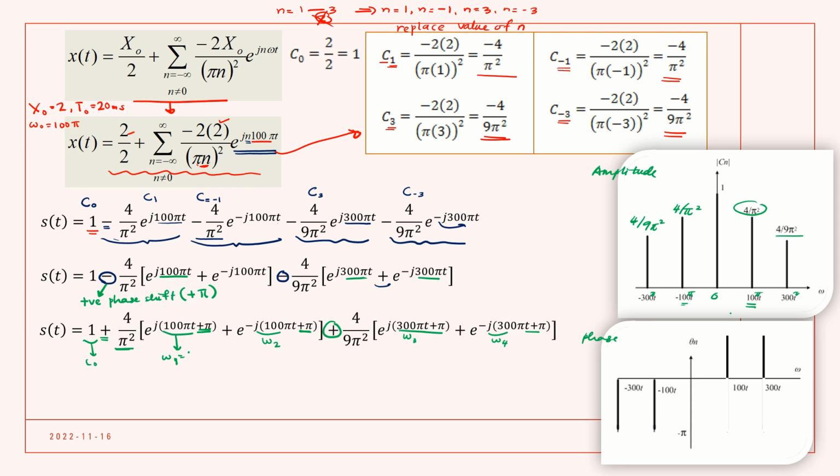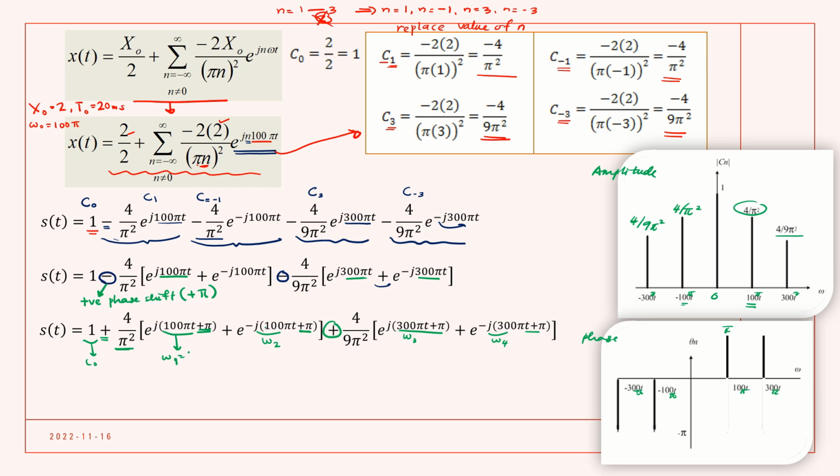So for the phase, the x-axis is going to be the same here: 100 pi t, 300 pi t, minus 100 pi t, and minus 300 pi t. It must be the same for the amplitude and the phase, the x-axis. And then the difference is going to be the y-axis, right? So on the first component of omega, the value of phase is positive pi, so it's going to be pi here, in the positive direction.